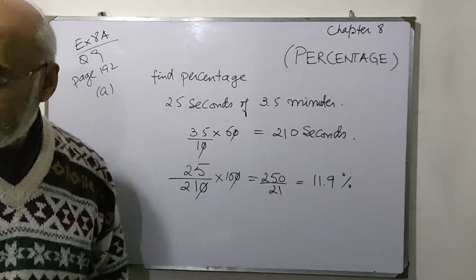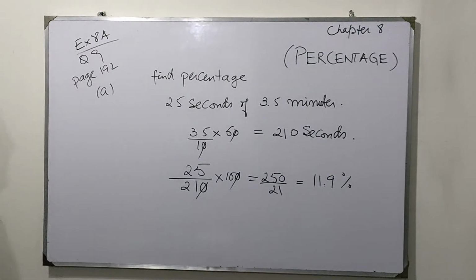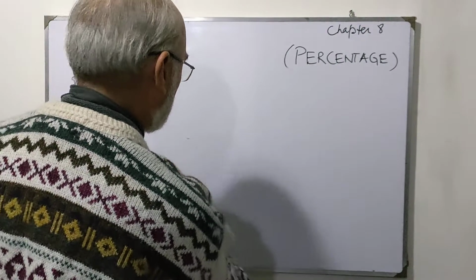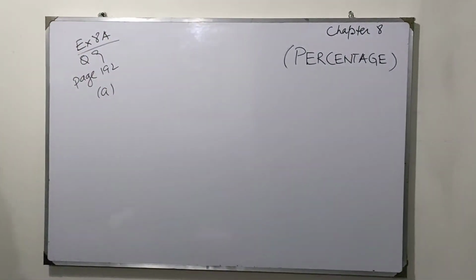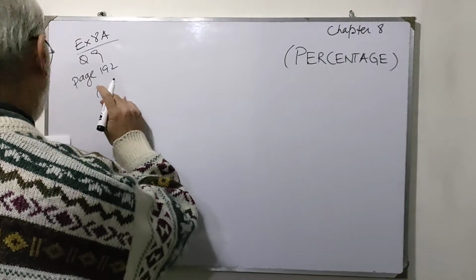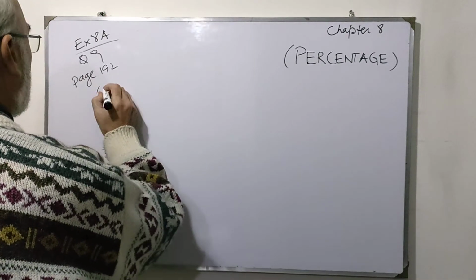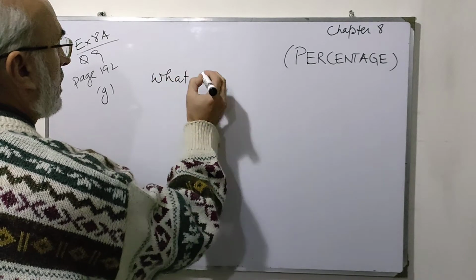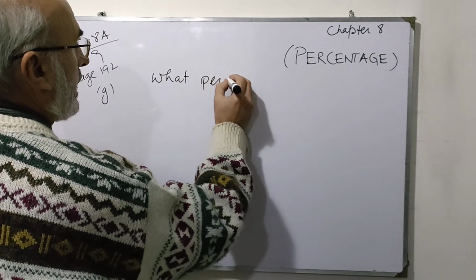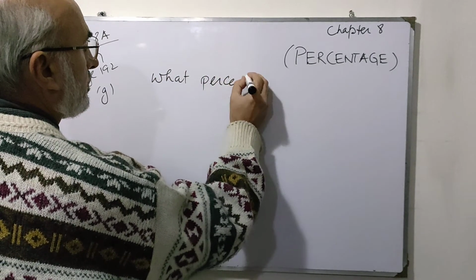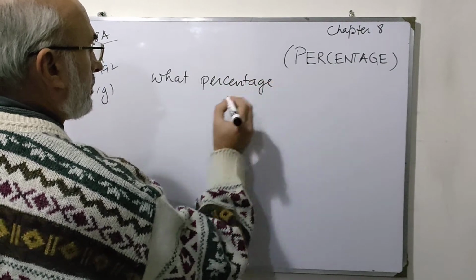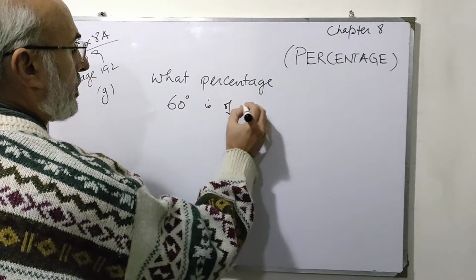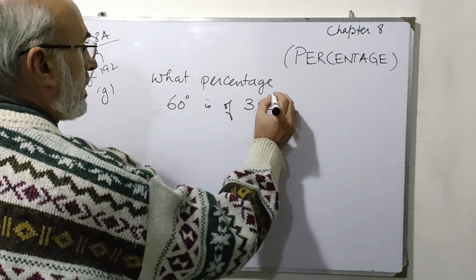Let's take another example. G part of the same question. What percentage 60 degrees is of 360 degrees?